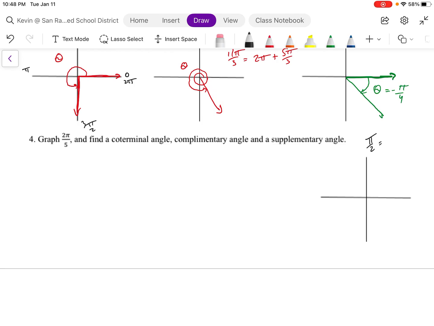Here's my initial side, and it's going to look something like this. This is theta equals 2 pi over 5.